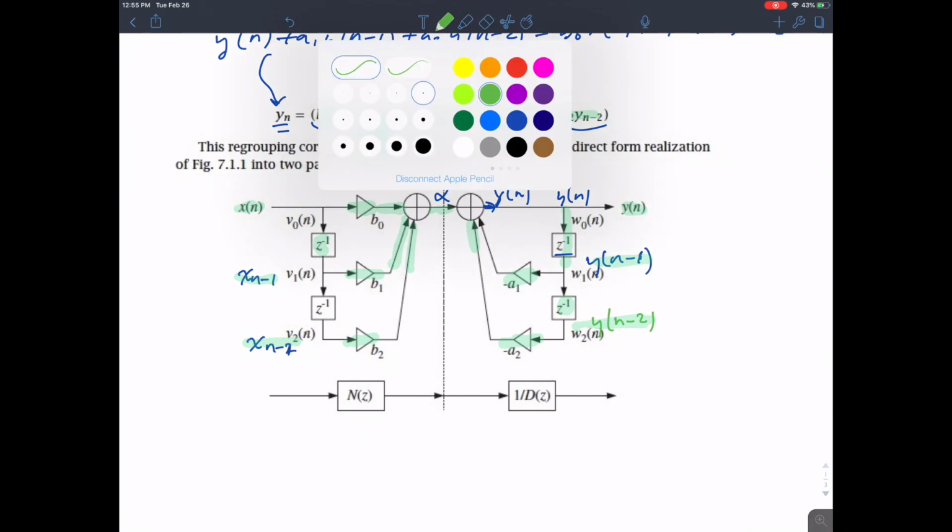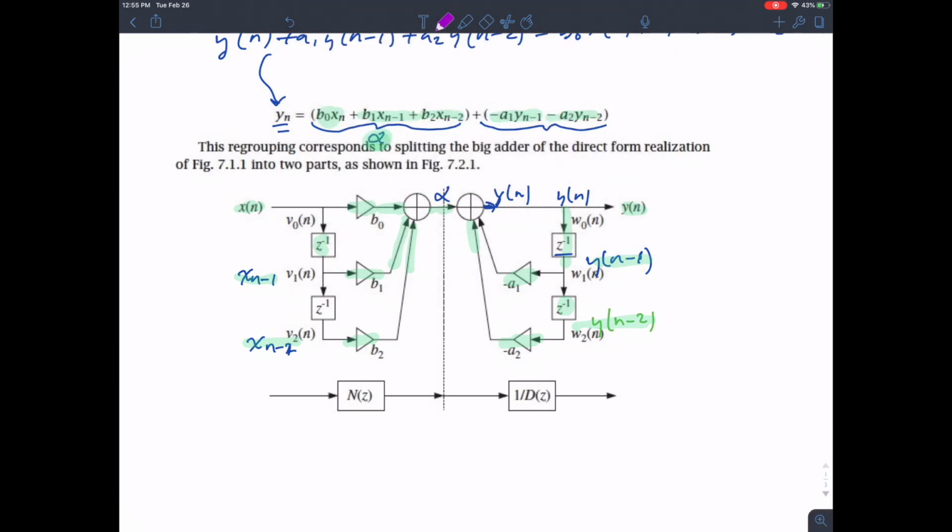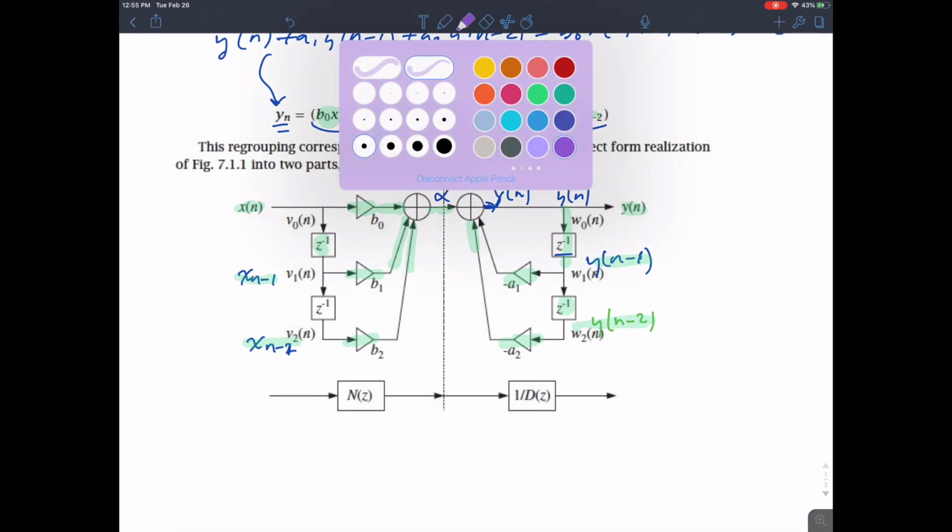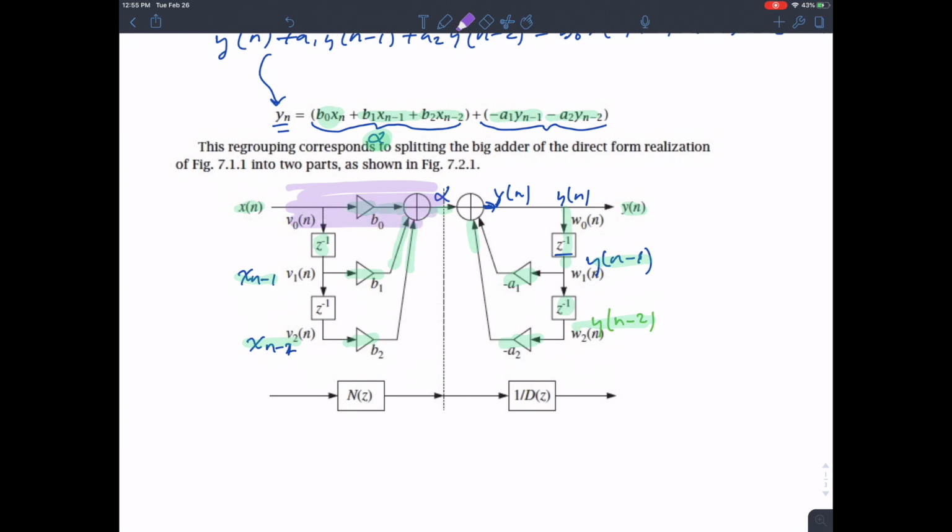What I did try to do in class was to have you notice that there's two sides to this diagram. There's the numerator side, the numerator of the transfer function. That's this side of the diagram. Everything over here is the numerator. We're going to break it at this line here in a second and transpose these.